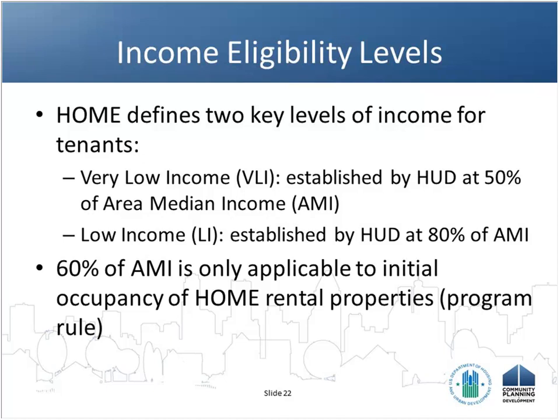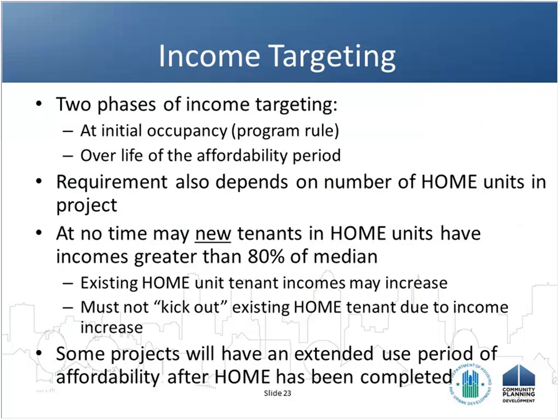The rest of our units can go up to the 80% area median income requirement, but keep in mind what we talked about with the program rule: at initial occupancy, at least 90% of our households, if maybe not all of them, will be required to be at 60% AMI. So we have different income levels that we're working with. That initial occupancy is the program rule, but then we talked about the project rule with the designation of 20% of our units if we have 5 or more HOME units.